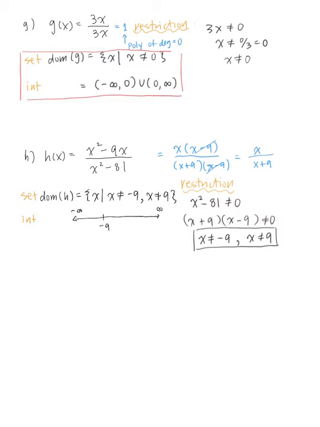So here's -9 and 9, open, open, and then shade everywhere else. And just translate it below. So this is the same thing as -infinity to -9 open, union -9 to 9, union 9 to positive infinity. So this is going to be our answer.